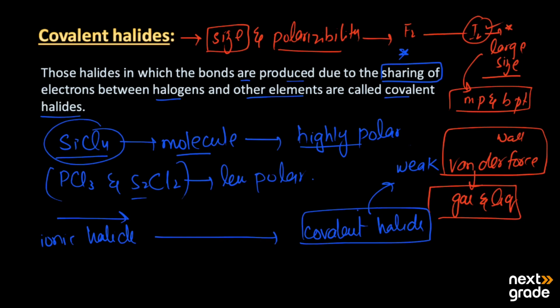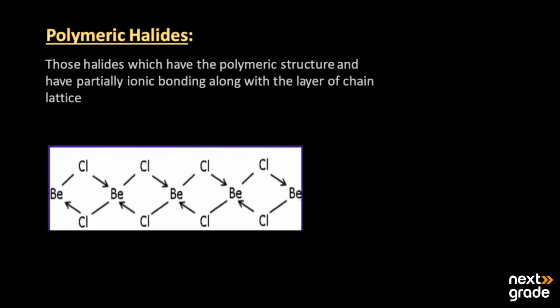Then we have the third type of halide, the polymeric halides. These halides have a polymeric structure and partially ionic bonding along with a layer or chain lattice. Here we have the polymeric halide beryllium chloride. It works like a bridge between the other atoms, and it has the properties of both ionic as well as covalent.